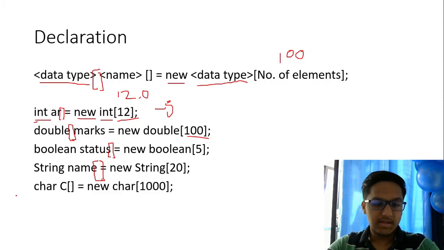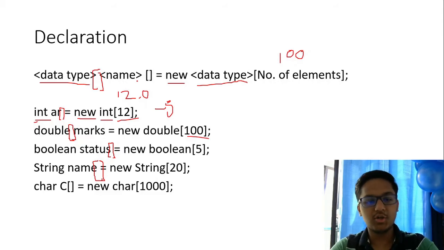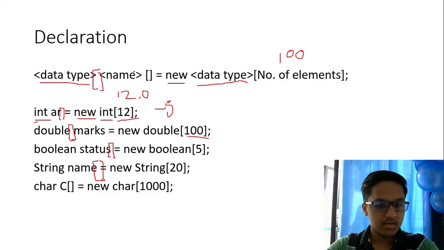In all of these cases, let's look at the first case. When I declare the array int AR with the number of elements as 12, 12 different variables are created inside the array AR, which are of the data type int. So what value do these variables have? These variables will have the default value of that particular data type.